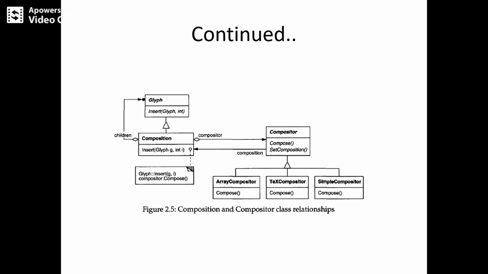So the compositor and composition classes are split into two different subclasses here. The split makes a strong separation between the code that supports the document's physical structure and the code for different formatting algorithms. When we deal with such design problems, this is very useful for using the composition and compositor.